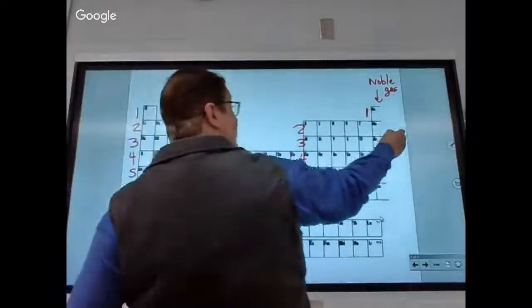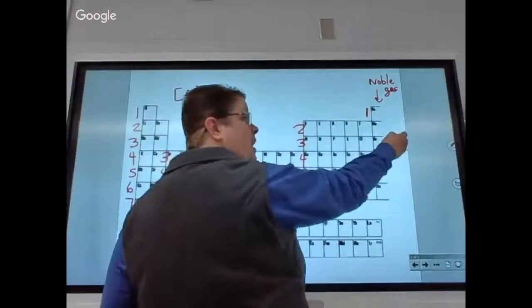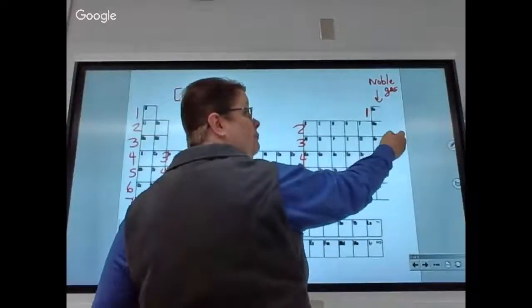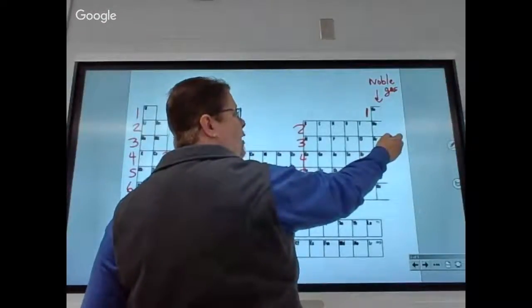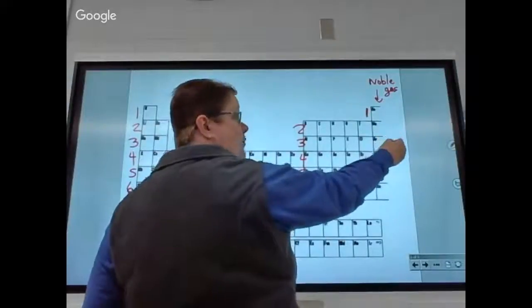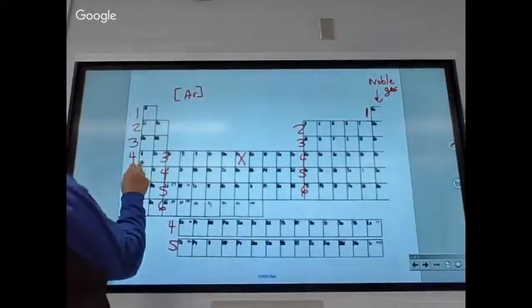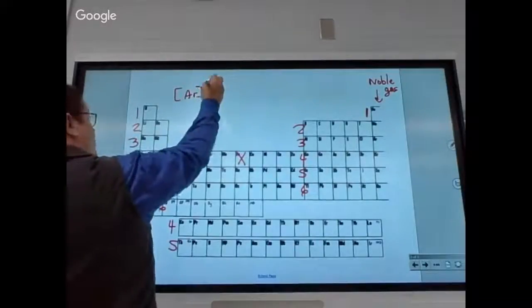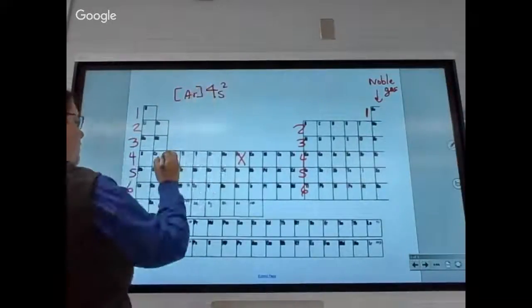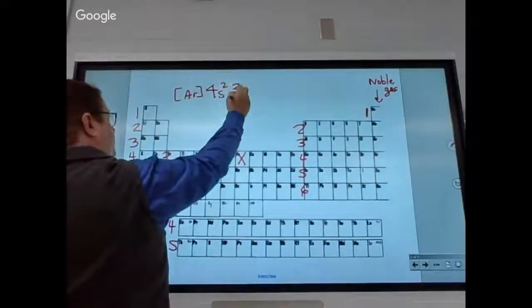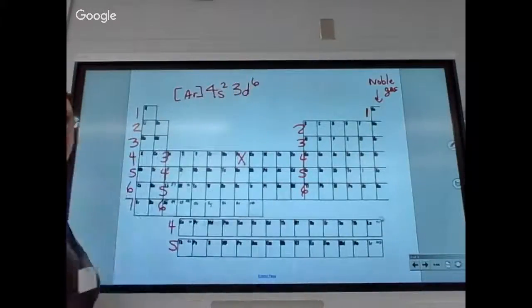Now you're at the end of the row of argon. Everything is covered up through argon. All that 1s all the way through 3p6 is covered all the way up there. You just cruise back over here, and what do we have next? 4s2. And then 3d. That's shorthand.